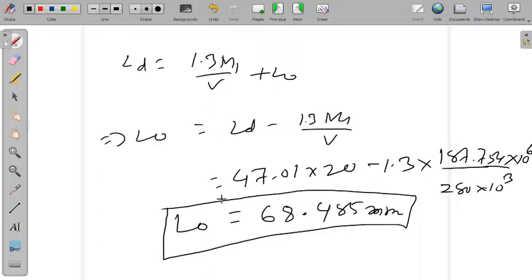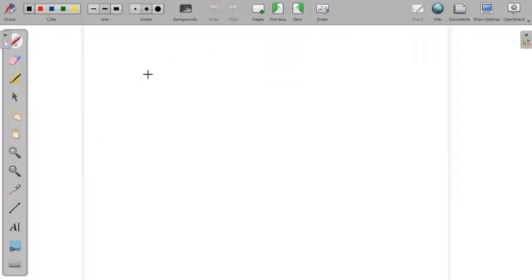Now we have to check whether this space is available to extend beyond that. What should be the value of L0 I can provide? If you refer to the code book, it says that L0 can be taken as the value of whatever hooks we are providing, or it is limited to the effective depth of the member or 12 phi, whichever is greater.